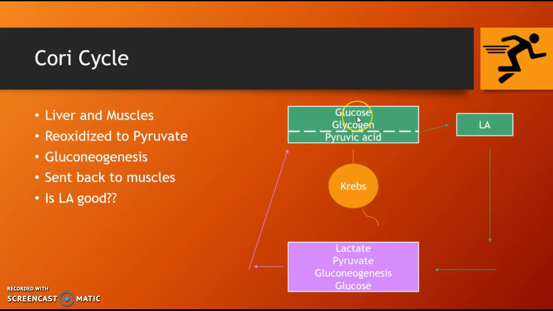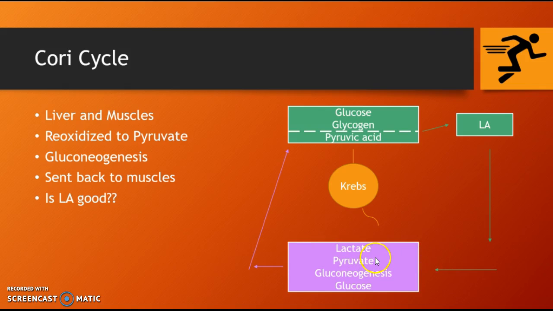We start off with glucose, as our aerobic system normally does. It's then turned into glycogen, and then this is the part where we produce lactic acid. Now, lactic acid is then sent to our muscles, but not only muscles, it's sent to our liver as well. So we then have lactate.